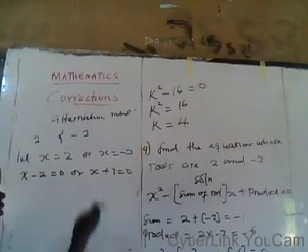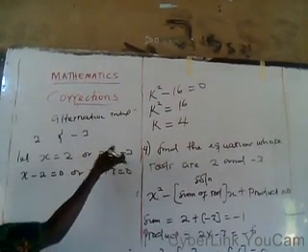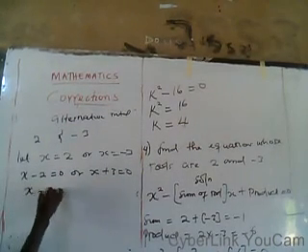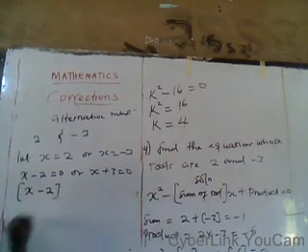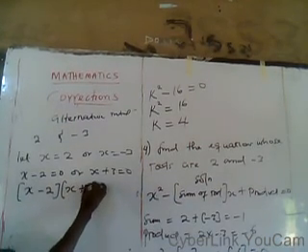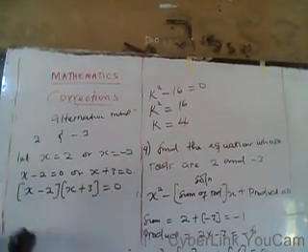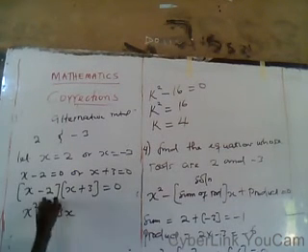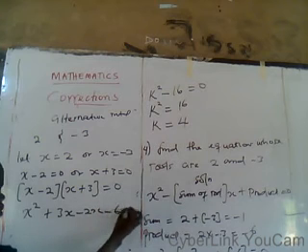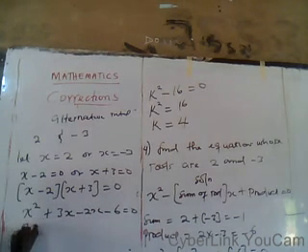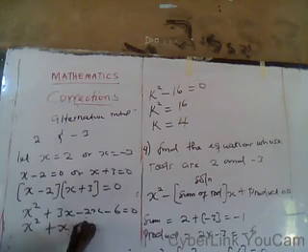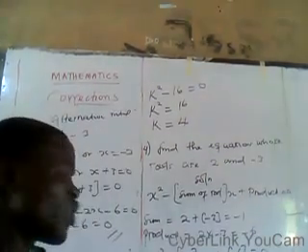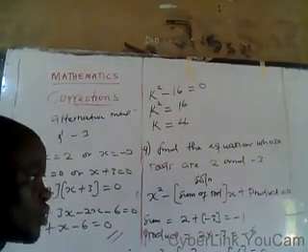So we have (x minus 2)(x plus 3) equals 0. When you expand the brackets, you have x squared plus 3x minus 2x minus 6 equals 0, which gives x squared plus x minus 6 equals 0. So they are the same, but I think the first one is faster. It depends on which one you choose.